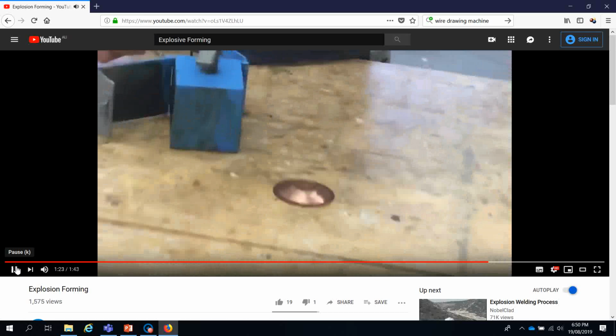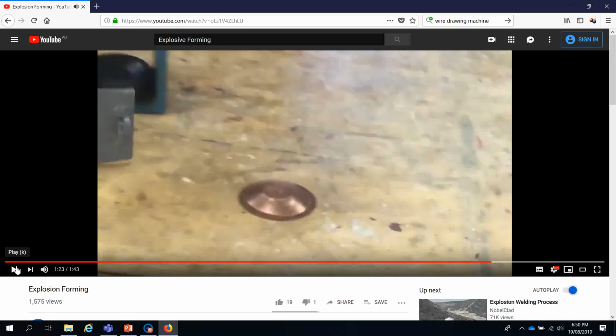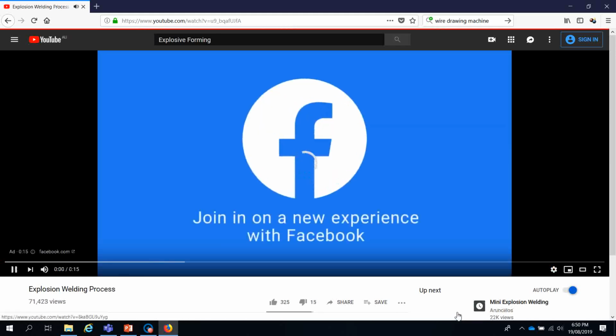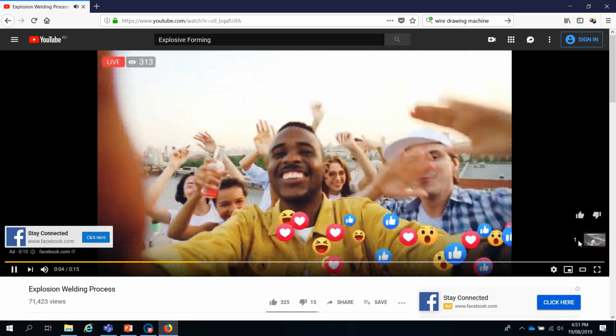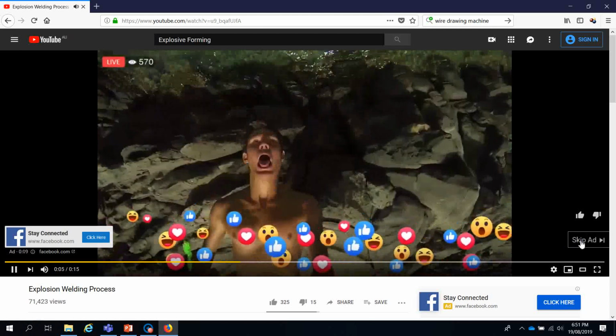So actually, these are two layers, two metal sheets, which have been welded by the explosion. And this is not a very rare process. Actually, it is done commonly in many manufacturers.